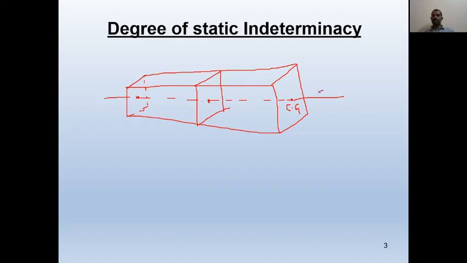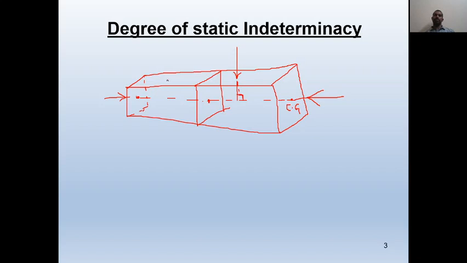When you apply a load along the axis, like this, it is called an axial load. But when you apply a load perpendicular to the axis, something like this, it is called a lateral load. That means when you project this particular load onto the axis, it will be exactly 90 degrees, or right angles.